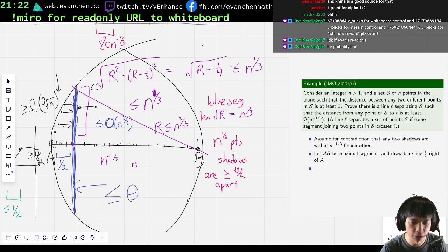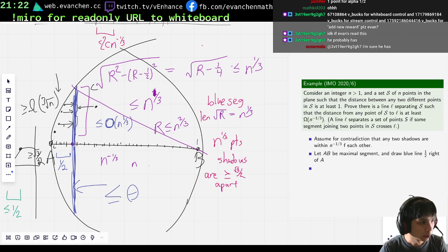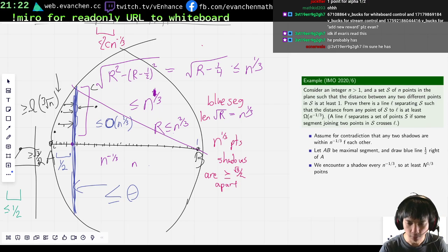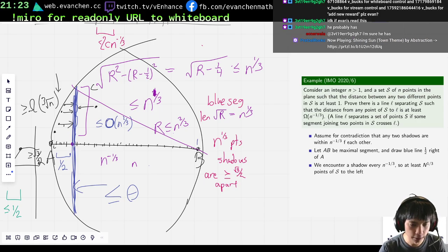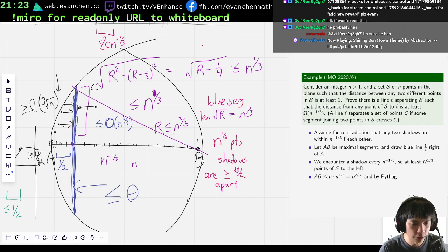I'm just gonna leave off all the constants. So at least n to the 1/3 points of S to the right, to the left. On the other hand, AB is less than or equal to n. You can keep encountering shadows, but you only have so many points. So this is n to the 2/3, and by Pythag, the blue segment is at most n to the 1/3.